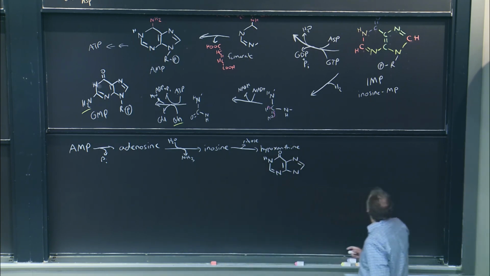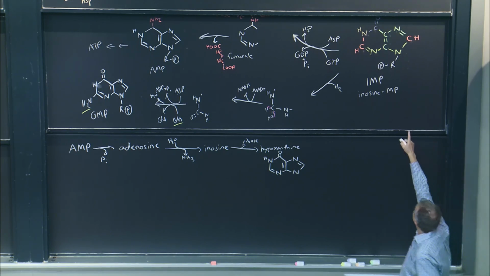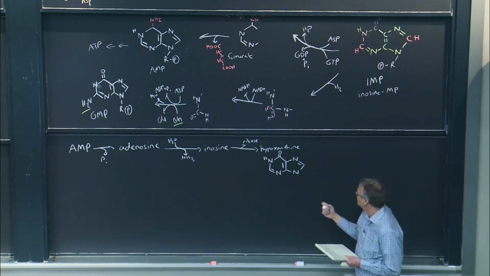Hypoxanthine, you'll see, is basically exactly what we drew out for inosine monophosphate. It's just the base from inosine monophosphate.